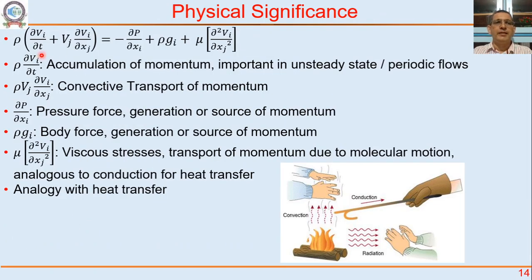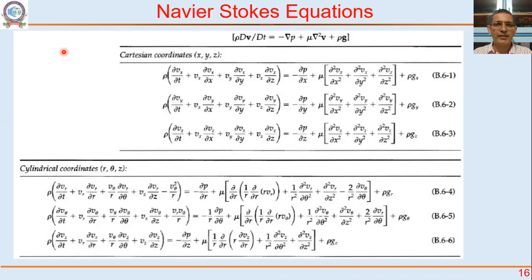Just to tell you the physical significance, these equations are here in Appendix B6, in the Cartesian coordinate system and in the cylindrical coordinate system. You see minus del P, mu del square V, rho G, and this capital D by dt.